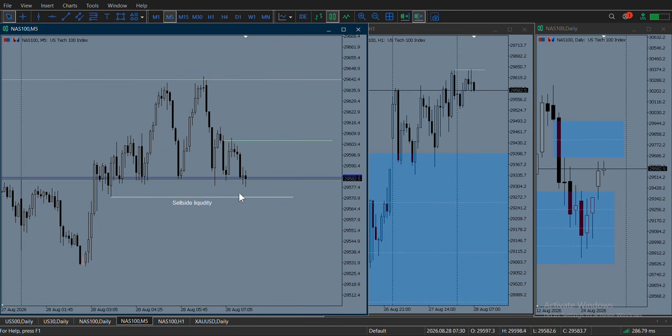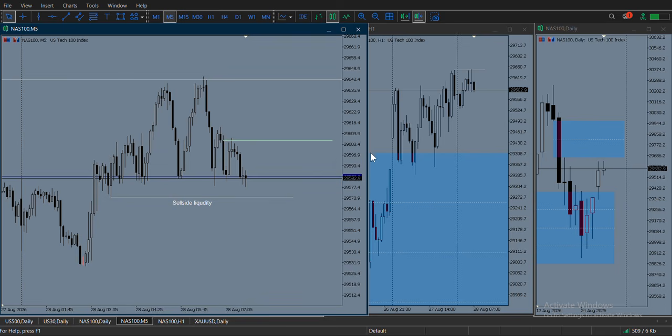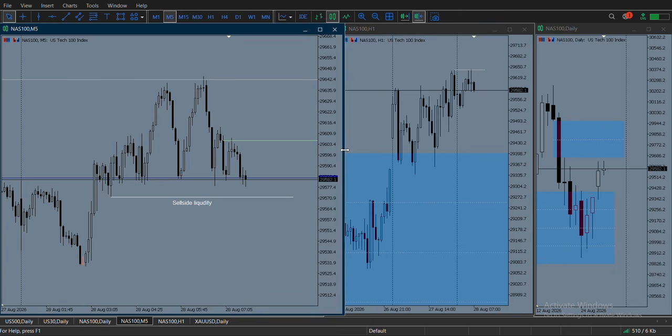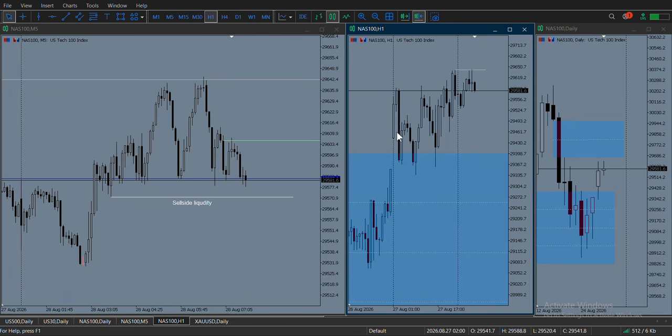So after taking out these lows here, then we'll see what the price has in store. So looking at the 1 hour chart here, you can see from yesterday's price action, we've been trading higher, but we've been having a lot of retracement.